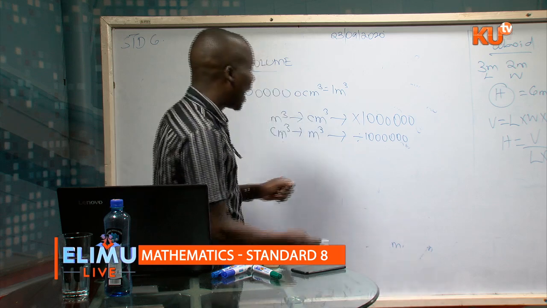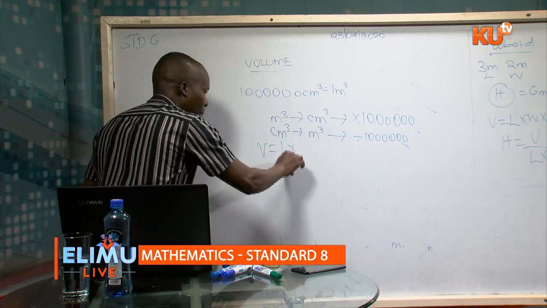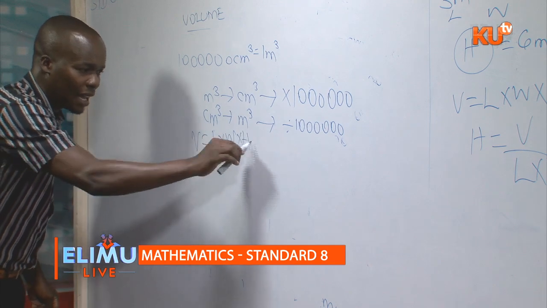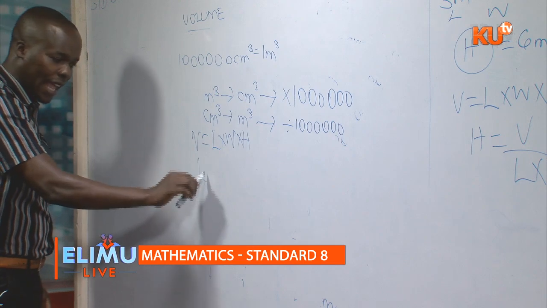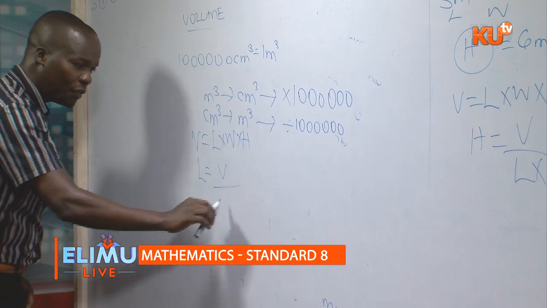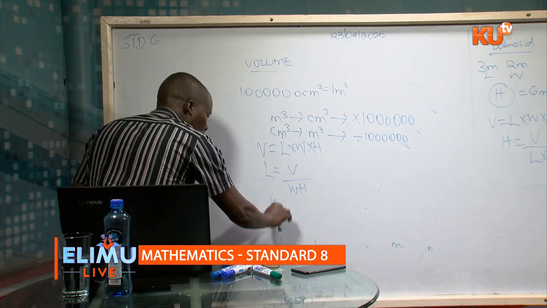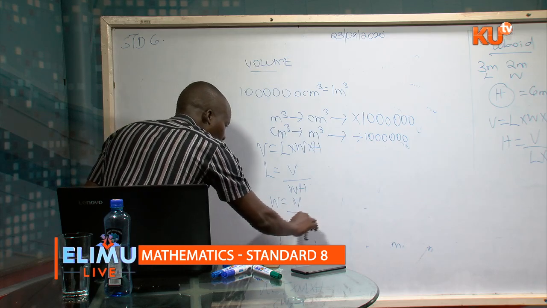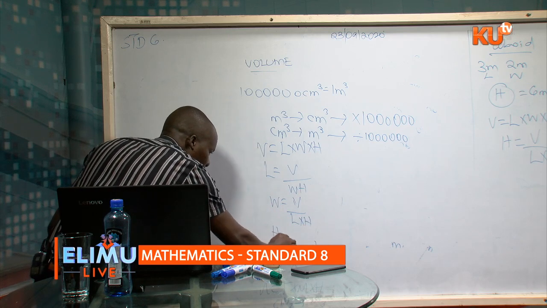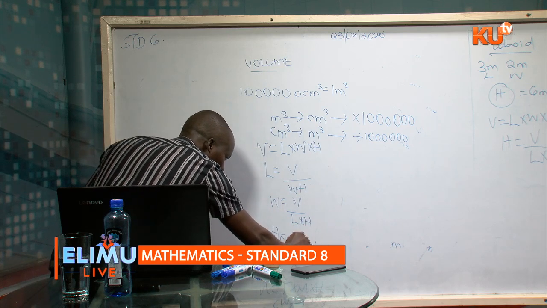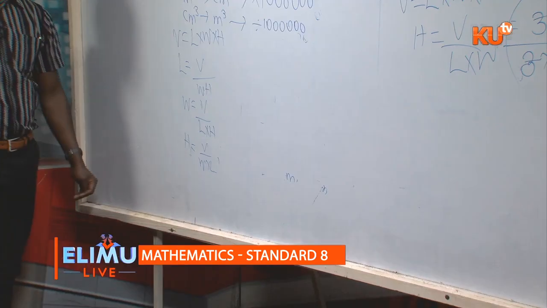We also went ahead and now, so if we had volume is length by width by height, we went ahead and now did how to find length is volume over width times height, and width is volume over length times height. And now height is volume over width times length.